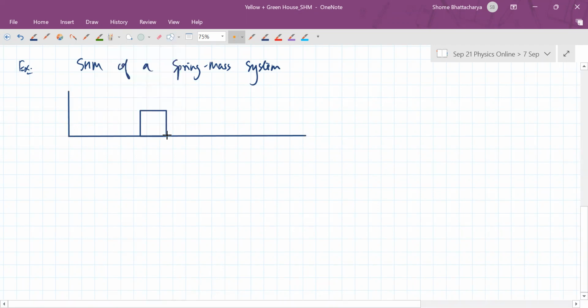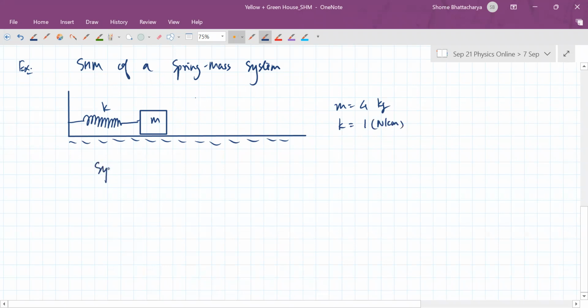Let's say we have, on a smooth horizontal surface, a spring attached to a block like this. The mass of the block is, let us say, 4 kilograms, and the spring constant is, let's say, 1 Newton per centimeter.